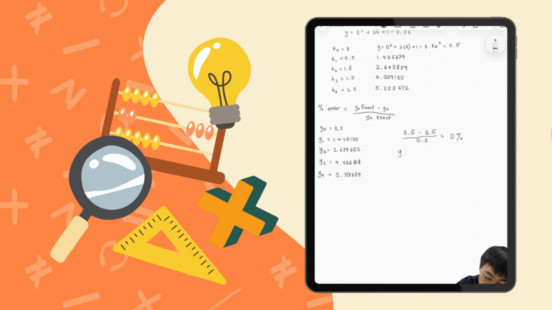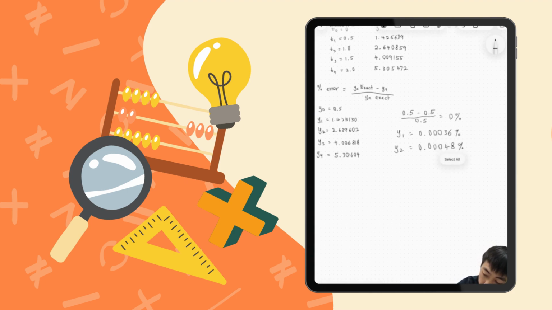For y1 it is 0.00036%, for y2 it is 0.00048%, for y3 it is 0.00058%, and for the final one, y4, it is 0.00073%. That's all for the percentage error.